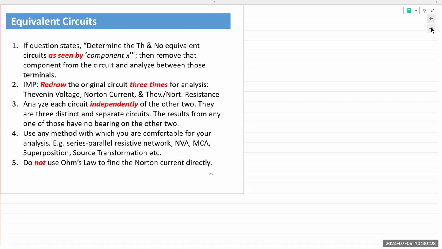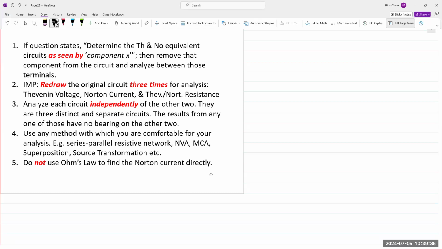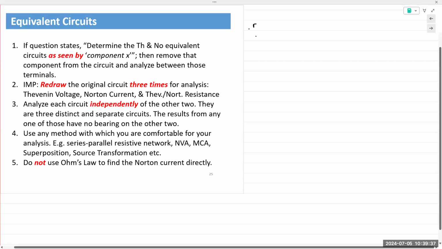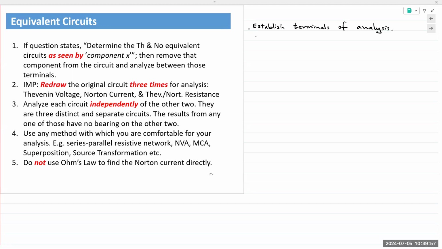The absolute first thing to do is to establish your terminals of analysis. Now, if the question states, determine the Thevenin circuit between terminals A and B, then you begin your analysis as it is.